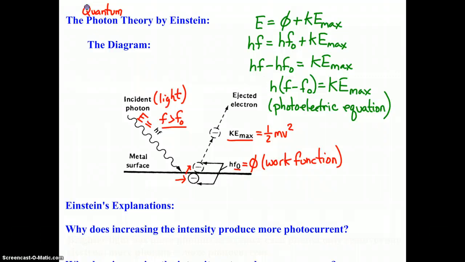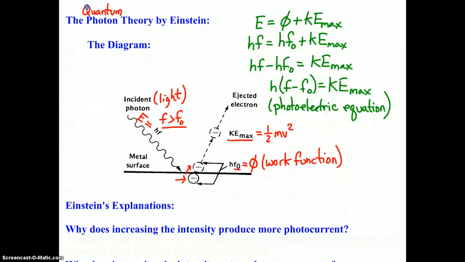Now, this puts all the pieces together as far as what is going on during the photoelectric effect. And to this point, all of this information was already available. They knew the photoelectric effect existed. They were able to come up with a way to calculate the energy of the incident light.